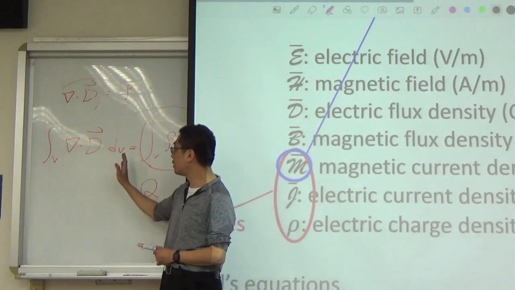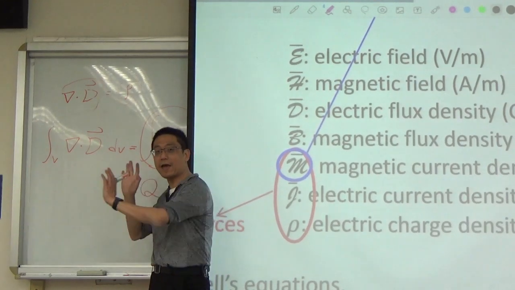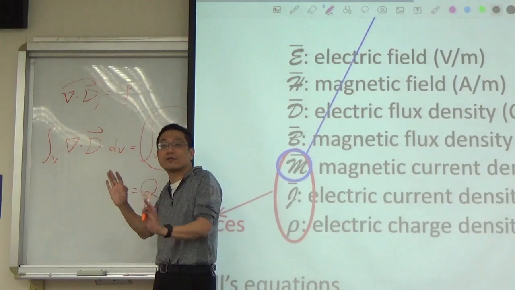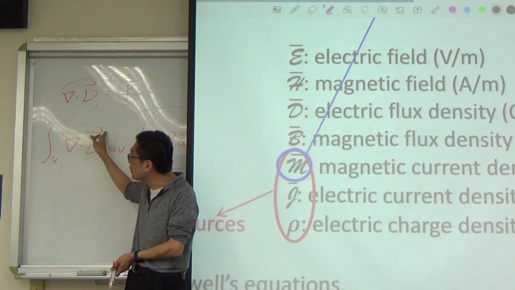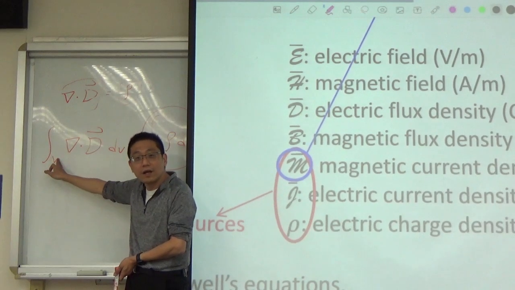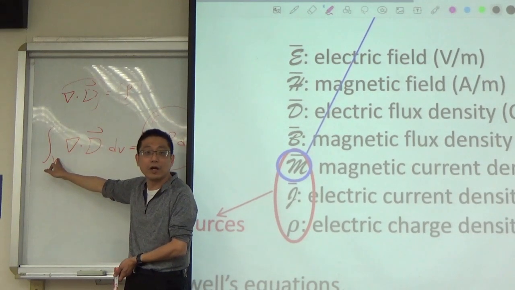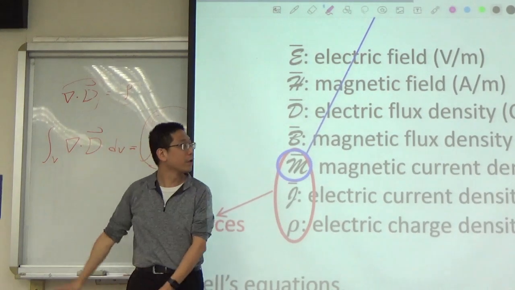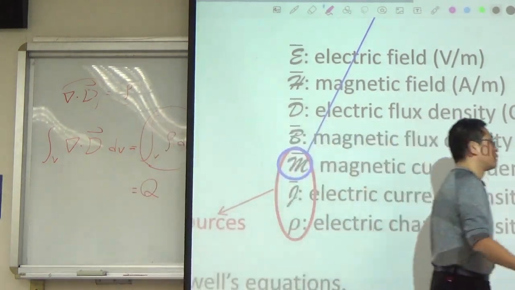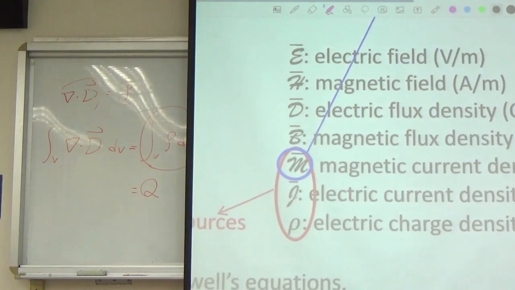The problem is the left hand part makes no sense to me because I don't know what is the divergence of D. Take the volume integration, I don't know what is that. So there is a relationship.